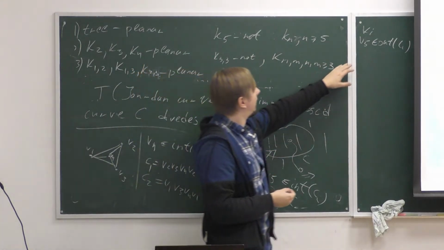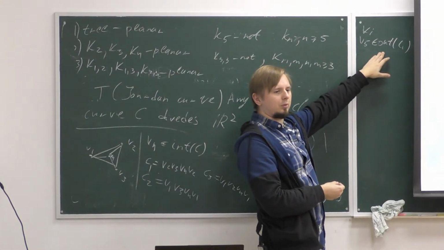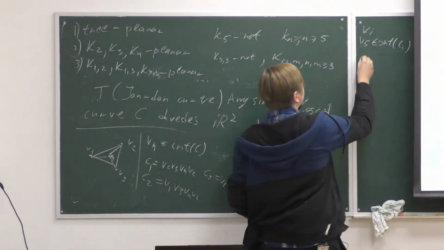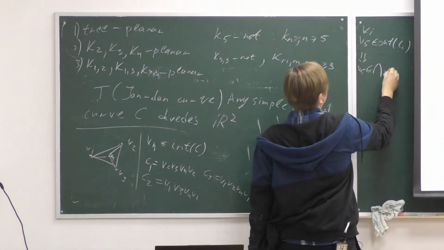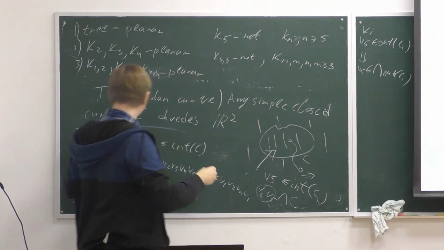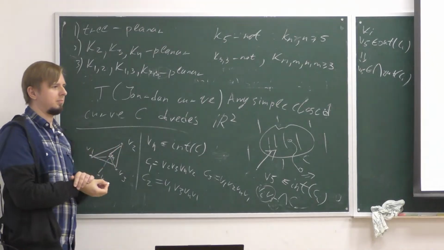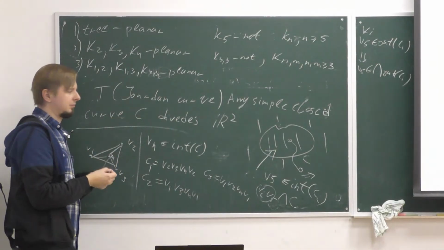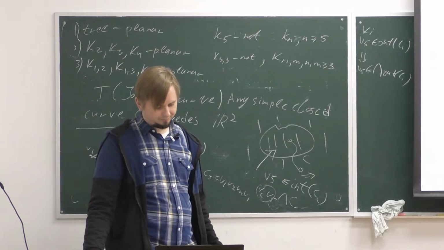Thus, V5 for any i belongs to the outer part of all Ci. So V5 belongs to the intersection of the outer parts of the Ci. Then the edge V4, V5 should intersect, very easily, just by using the Jordan curve theorem.